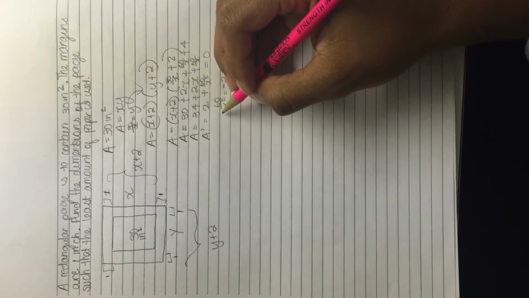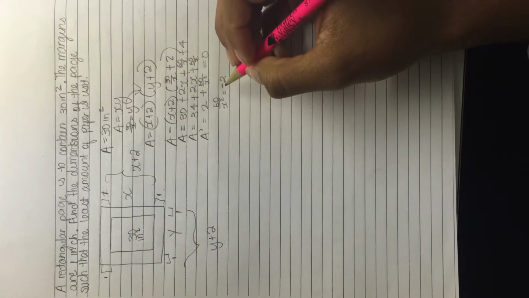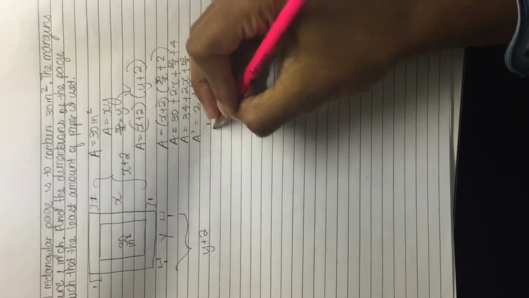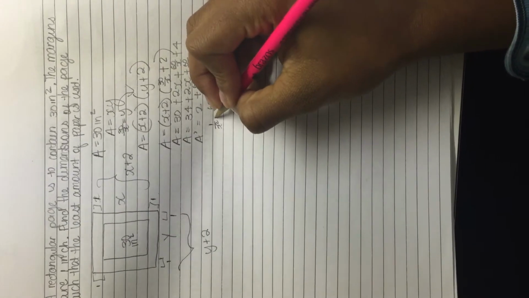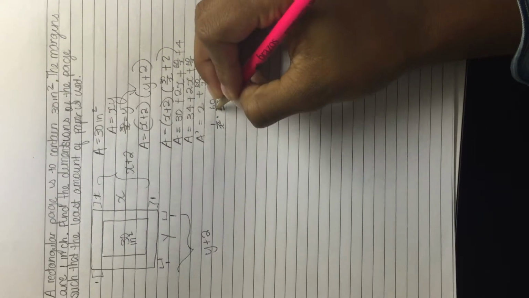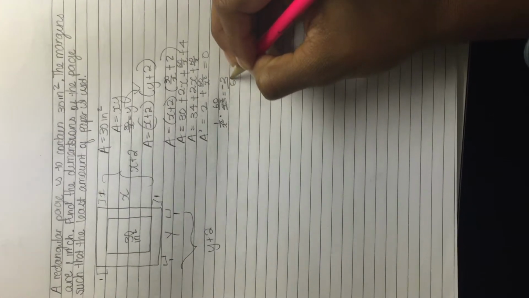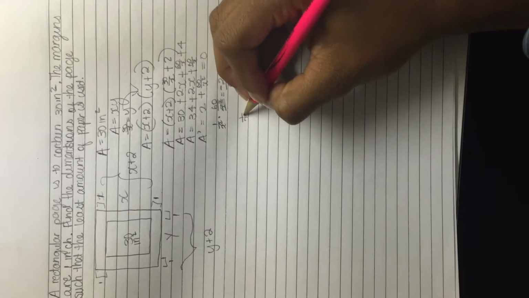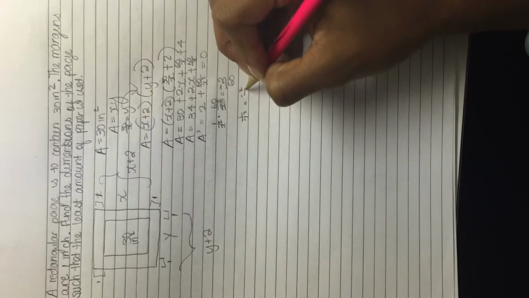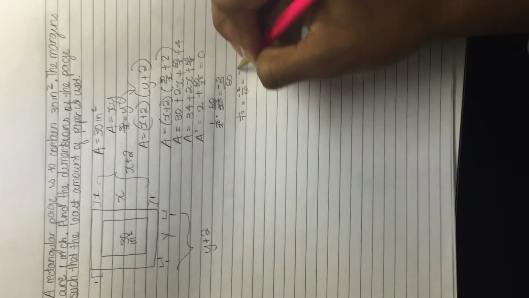If we divide by 60, 1 over x squared would be equal to negative 2 over 60, which is negative 1 over 30.